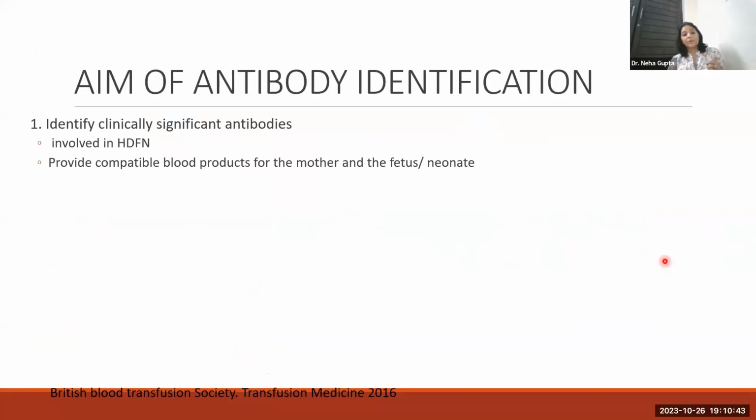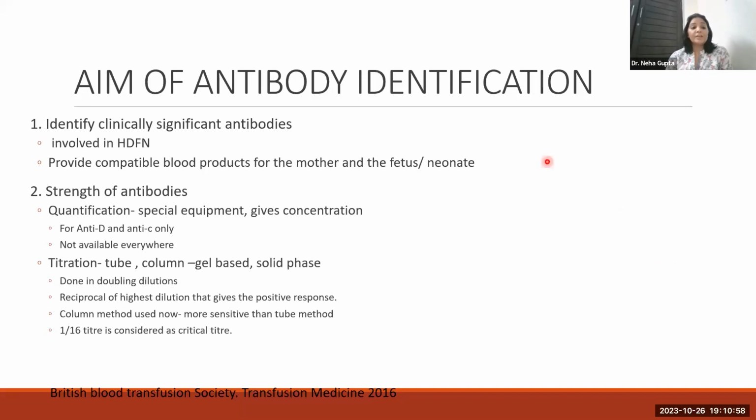Now, the aim of antibody identification is to identify the clinically significant antibodies which are involved in hemolytic disease of the fetus and newborn, and to provide compatible blood products for the mother and the fetus. The strength of antibodies can be determined in two ways. One is quantification. This requires special equipment where you get exact concentrations of anti-D and anti-C, but this is not available everywhere.